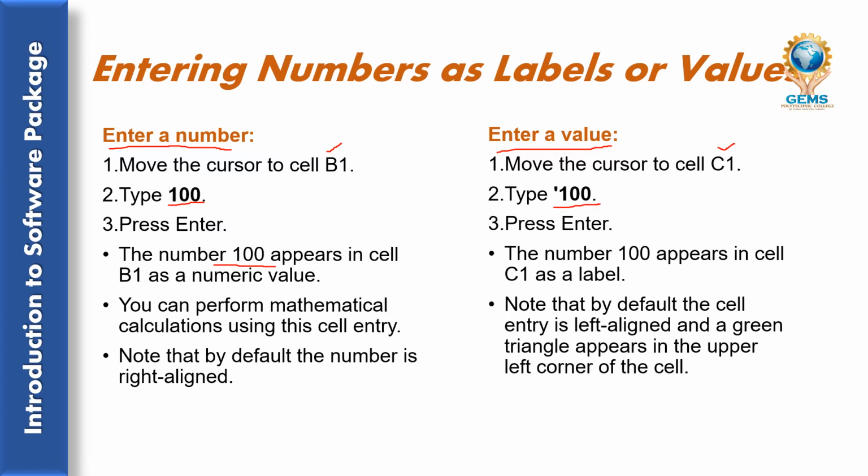You can perform mathematical calculations using the numeric entry, but the label entry is left aligned by default and a green triangle appears in the upper left corner of the cell. Note that by default a number is right aligned.